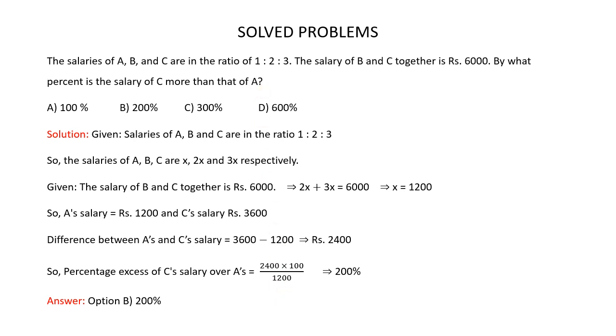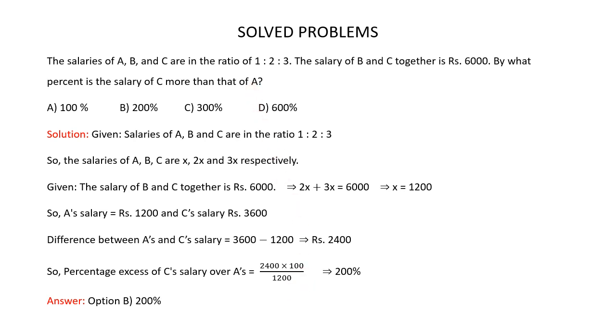Supposing the question was by what percent is the salary of A more than that of C, then A's salary would have been compared with that of C's salary. Then C's salary would have been in the denominator.